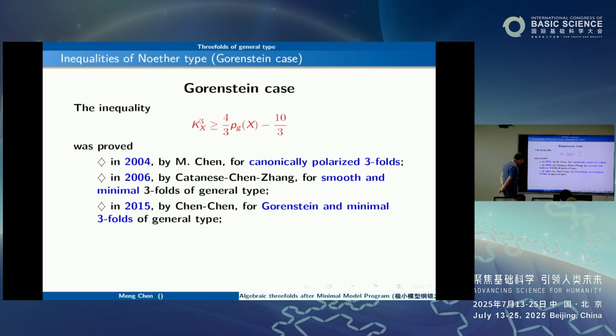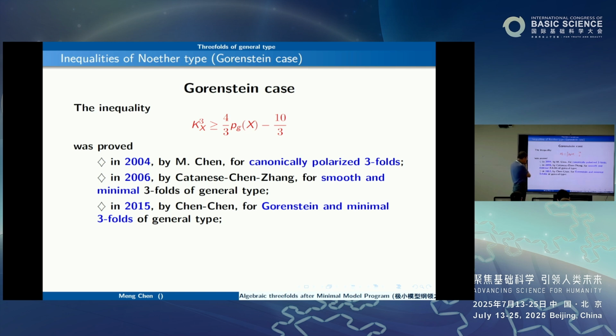That means the minimal threefold X has K_X Cartier, so this means a Gorenstein minimal threefold. For the Gorenstein case, this inequality holds, the red inequality.